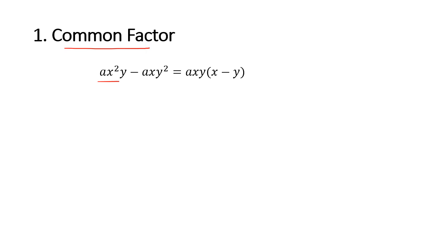For the second term, the common factors they have is a, right? You have a for the first term, then you have a for the second term. You have x for the first term, and then you have x also in the second term. You have y for the first term, and then you have another y for the second term. So therefore, the common factors here are axy.